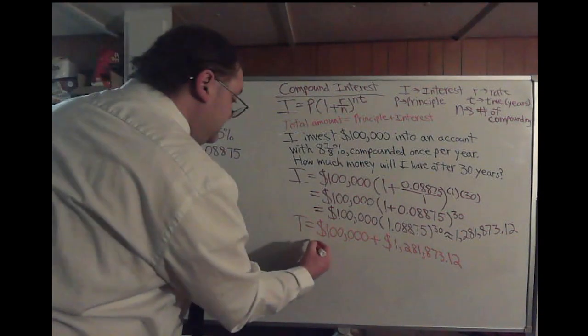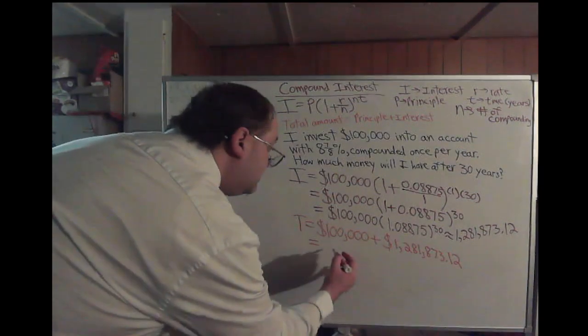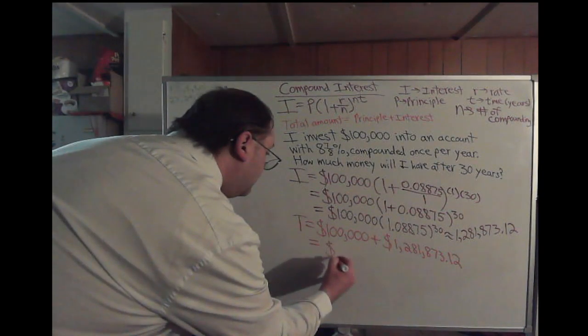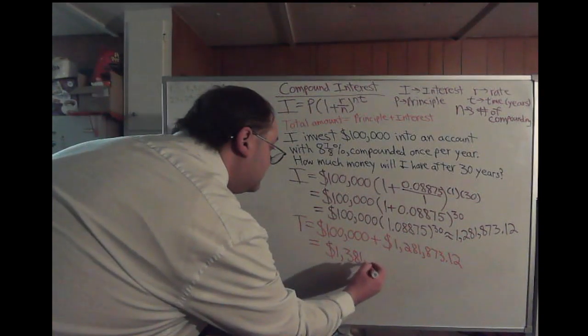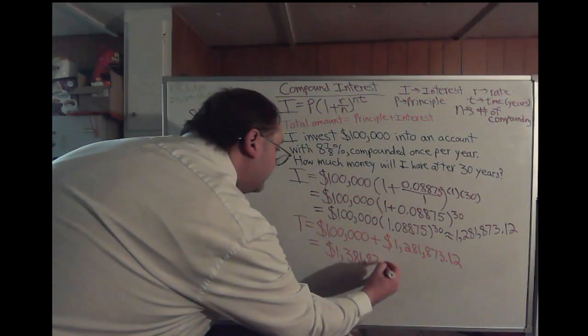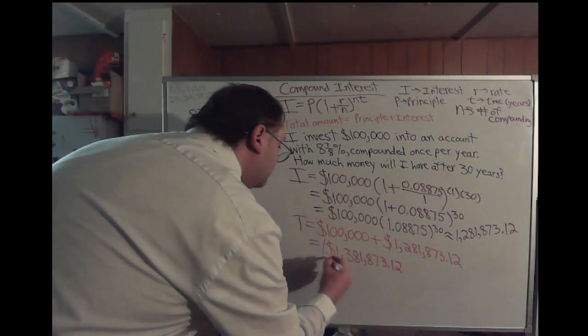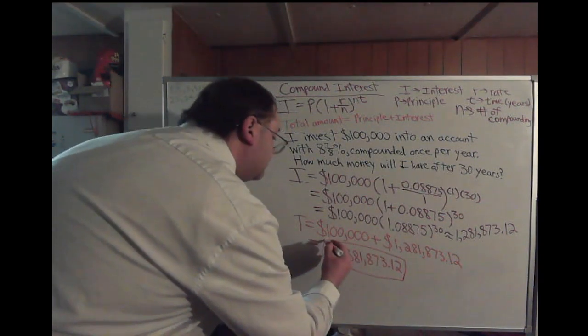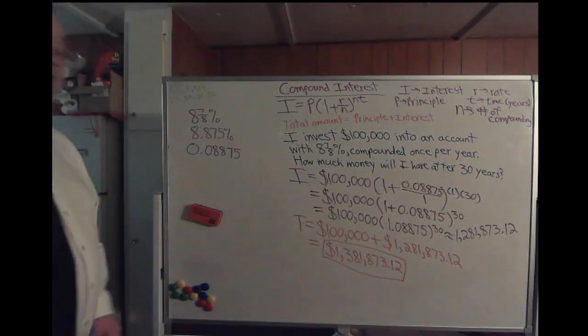Now we'll just add these together, you'll get what you're going to have in 30 years. So that would be a total of $1,381,873.12. So I go in investing $100,000 30 years ago, I come out 30 years later, I'm a millionaire.